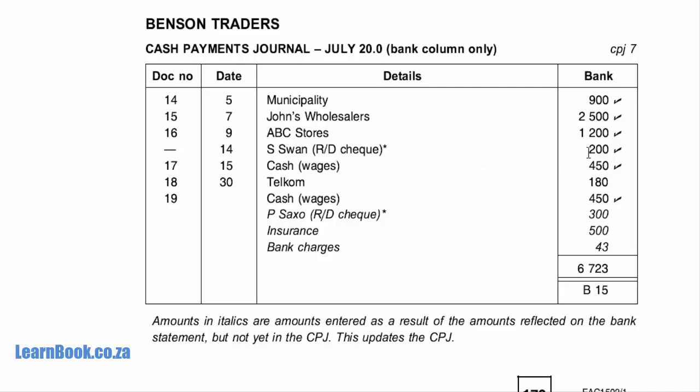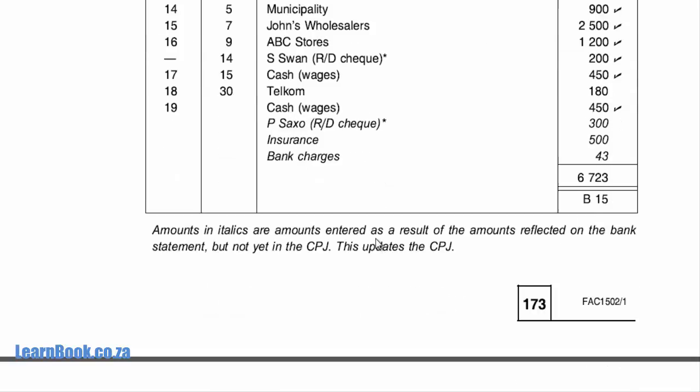What that means is that this 200 Rand, previously it increased our bank account, but now it has decreased it, so therefore it belongs in the CPJ, because the cash payments journal decreases our bank account in the bank ledger. So that was picked up to be on the date 14th.